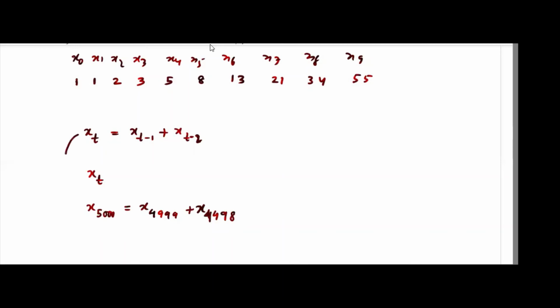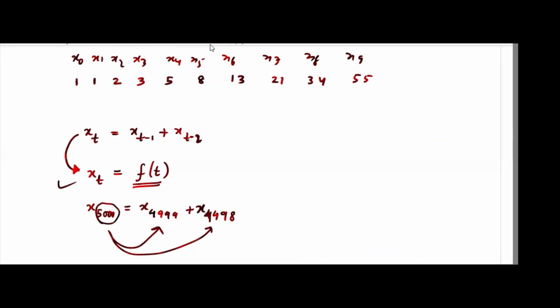So the solution of a difference equation means, okay, already we found in our case time series, that you will get in terms of t only, okay. This will be a function of t, so that directly you can find x5000 by putting in this equation. This is recursion relation. This is the solution of the recursion equation, okay.